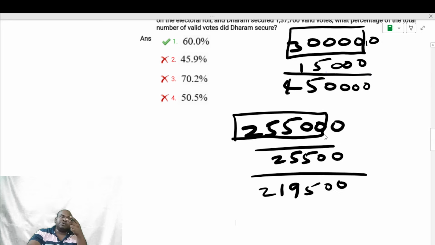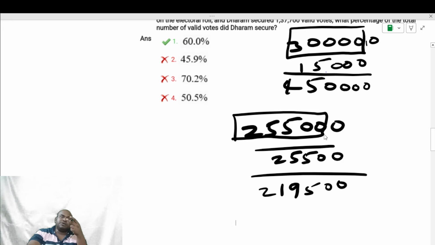I need to remove 25,500 from 2,55,000. I need to write 2, sorry, because I understood based on the result that it was a mistake. So 2,29,500 were the valid polled votes.